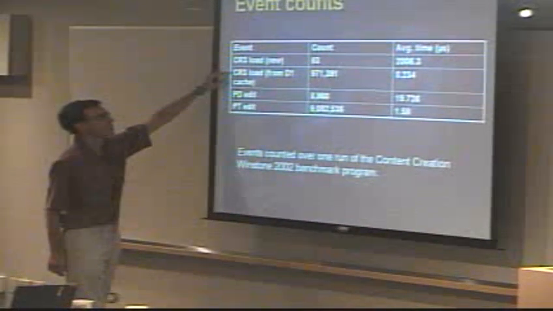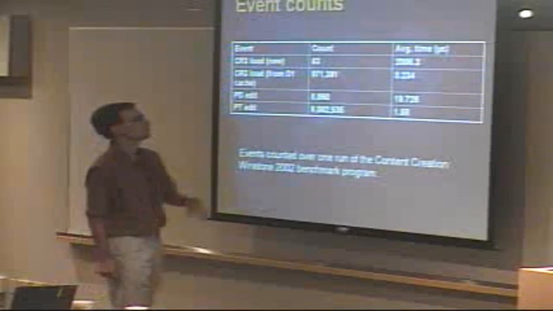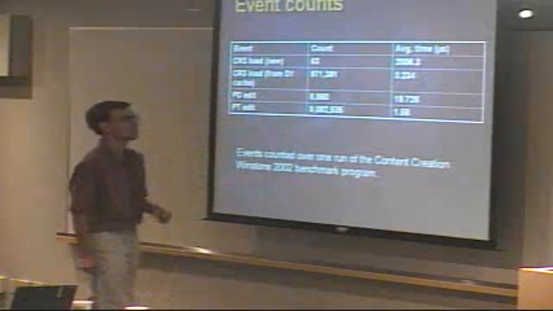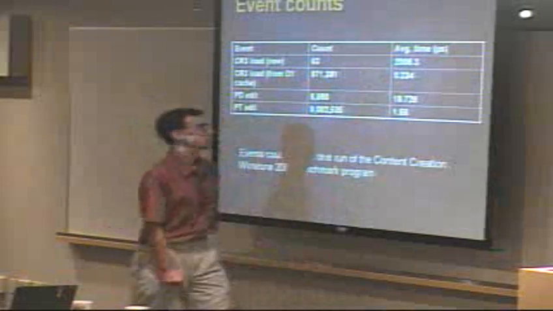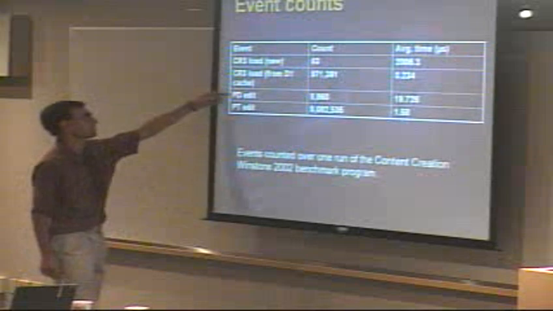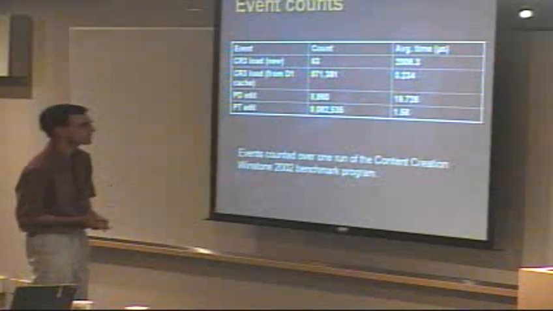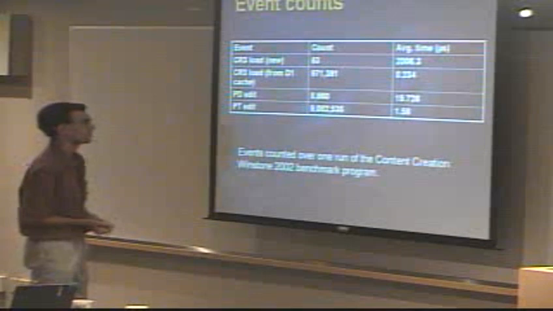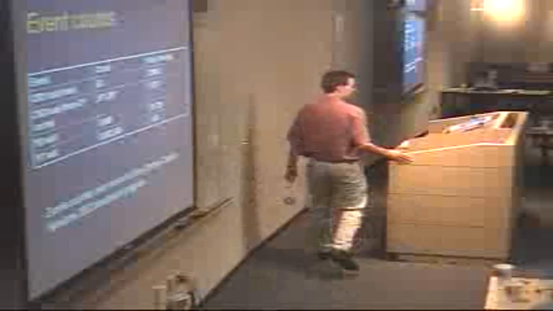CR3 load, after we've already seen it before from the cache, which happens due to round-robin scheduling, happened about 1 million times, but was a couple of orders of magnitude faster due to our caching. And then you have the different levels of page table and page directory edits, which once again occurred in large numbers. And these kinds of numbers are mostly there to guide our optimizations.